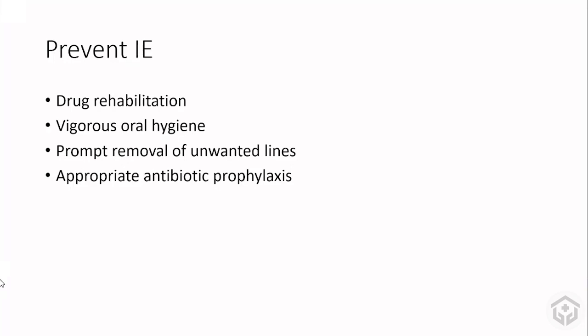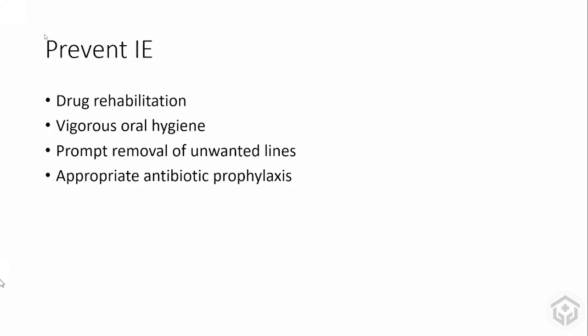But some things can be modified. If the patient is an intravenous drug abuser, we have to arrange drug rehabilitation, and proper oral hygiene is important, because with poor oral hygiene and usual brushing, there is a chance of transient bacteremia.